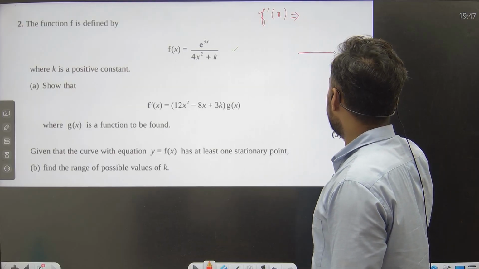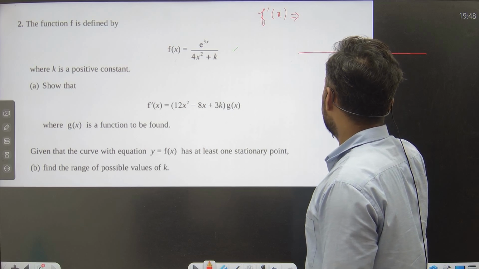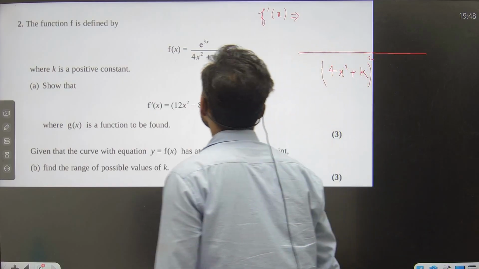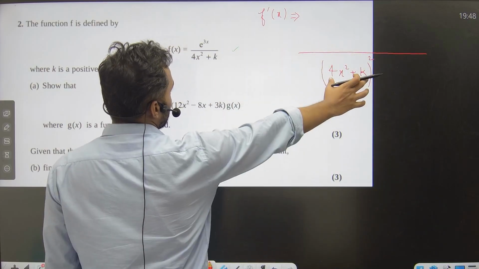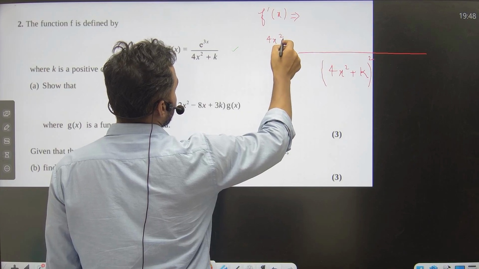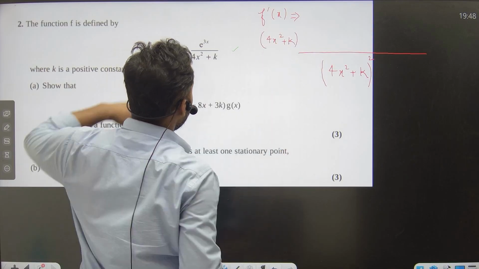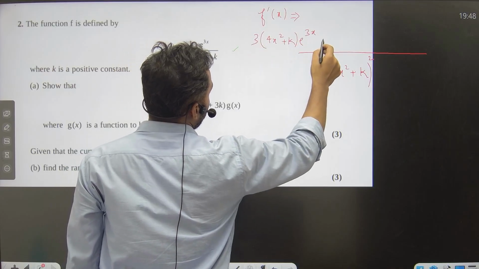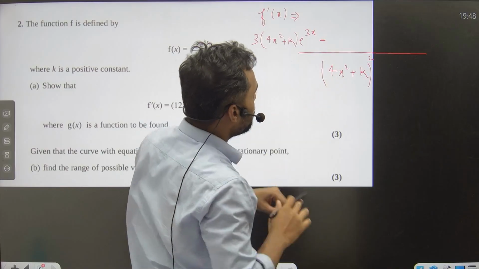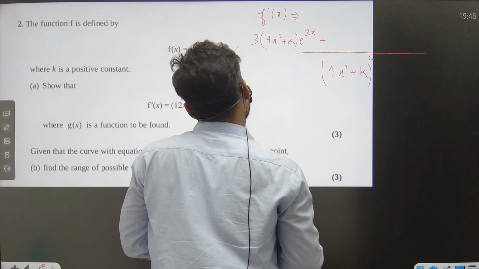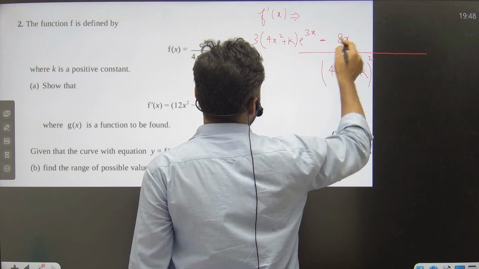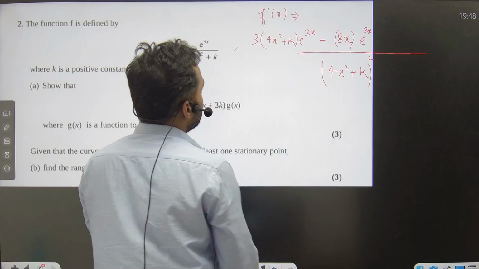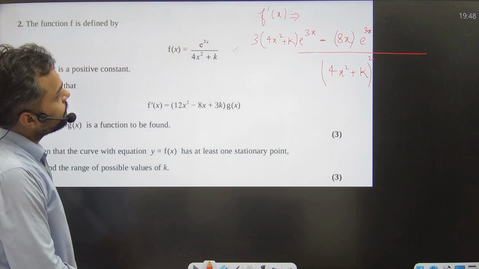In the denominator, we'll get 4x squared plus k, whole squared. The numerator will be 4x squared plus k into the differentiation of the numerator, that is 3 times e to the power 3x, negative of the differentiation of the denominator part, which is 8x into e raised to the power 3x.